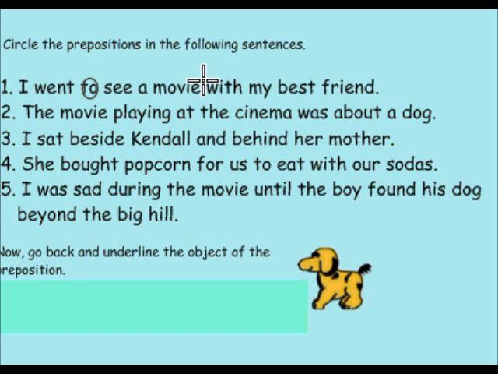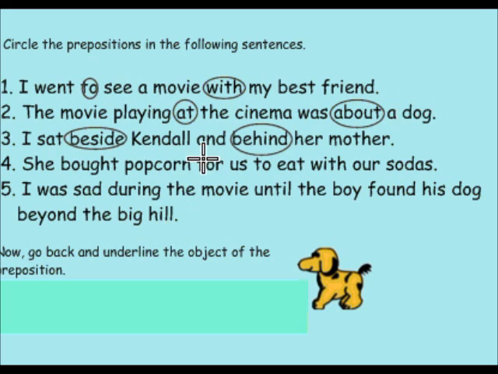Okay. The bunny jumped with the movie. The bunny jumped at the movie. The bunny jumped about the movie. That was a little weird, but maybe the bunny jumped about the movie. The bunny jumped beside the movie. The bunny jumped behind the movie.